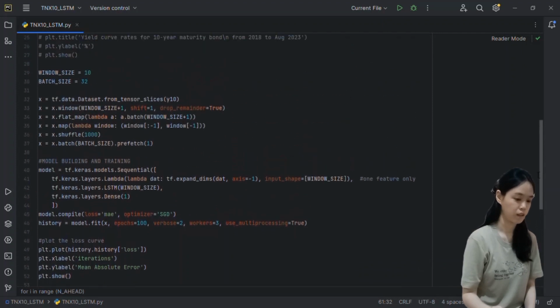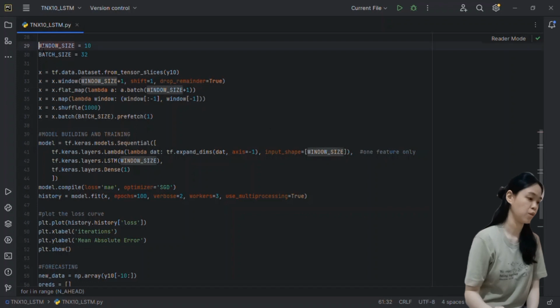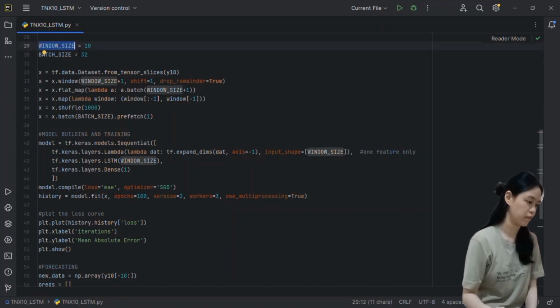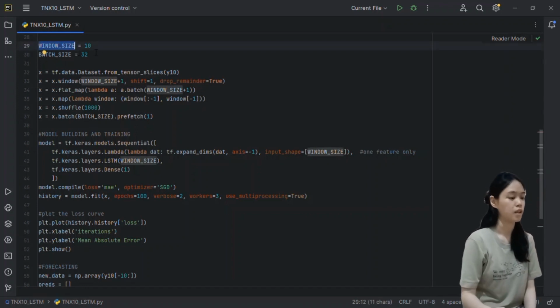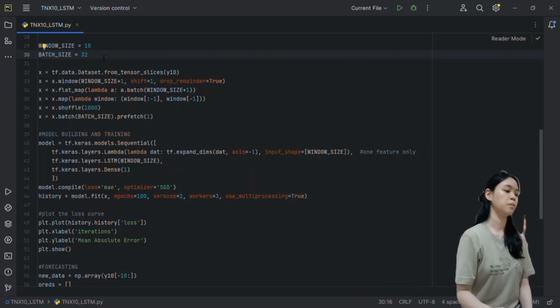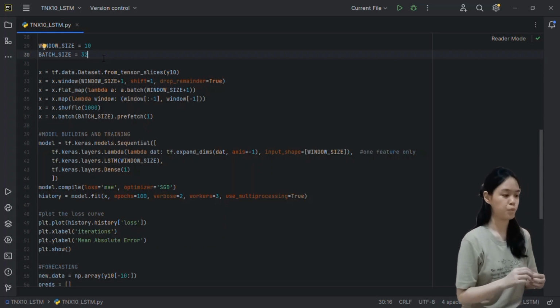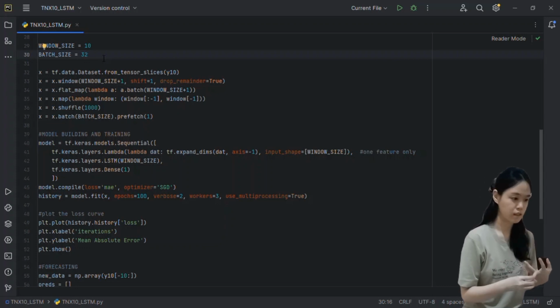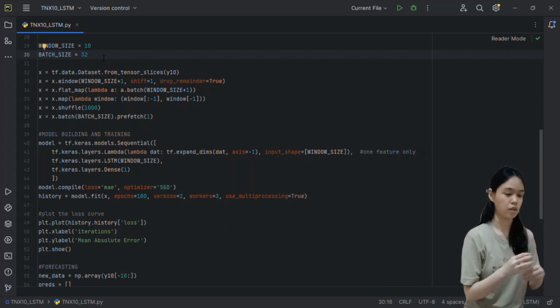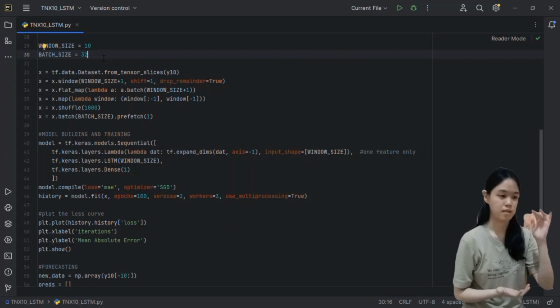Okay, so to prepare our data in TensorFlow, let's set the constants, say the window size to be 10 and the batch size to be 32, because in deep learning and neural networks, we tend to train the model in batches of data instead of one huge data set.